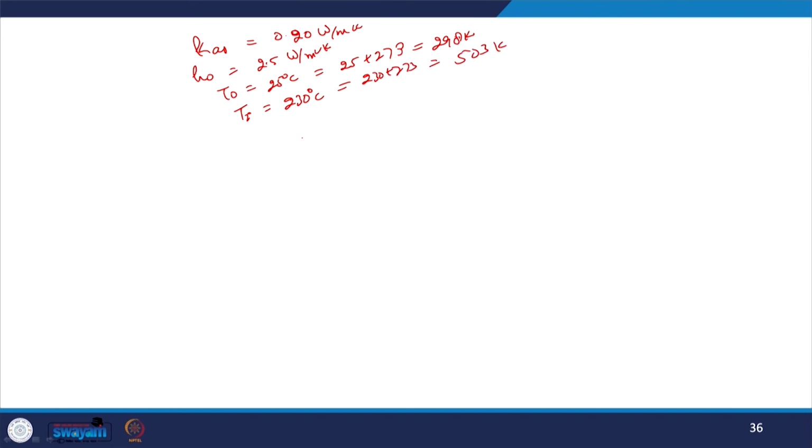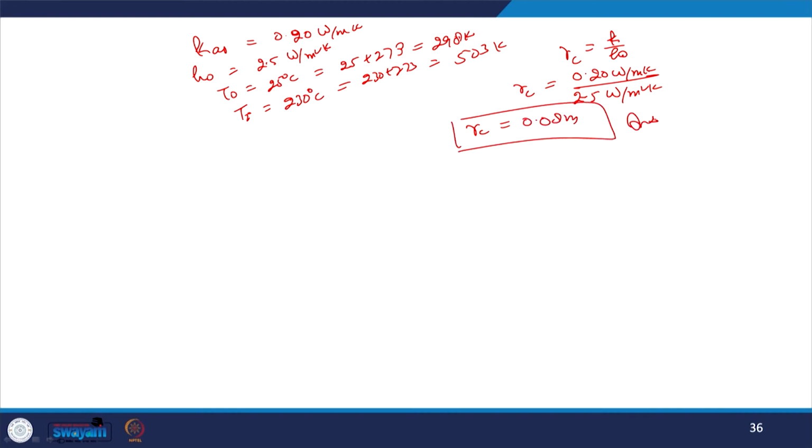Now we know the critical radius of insulation for the cylinder is given by RC is equal to K upon H naught. So RC is equal to 0.20 watt per meter Kelvin upon 2.5 watt per meter square Kelvin, and RC is equal to 0.08 meter. That is one answer.